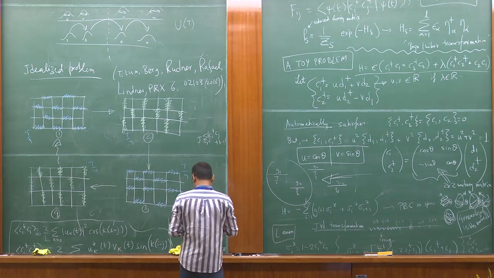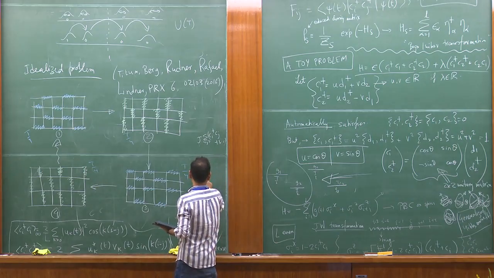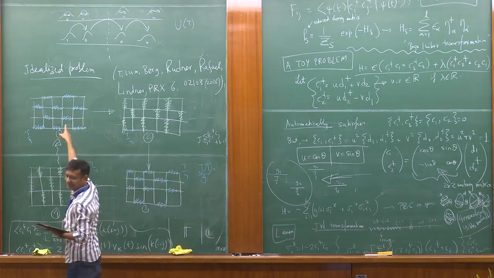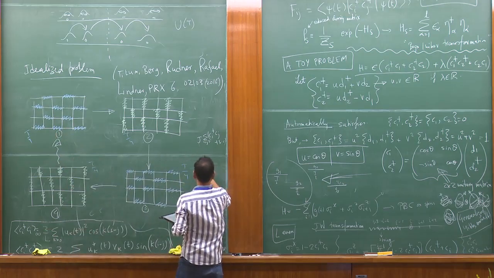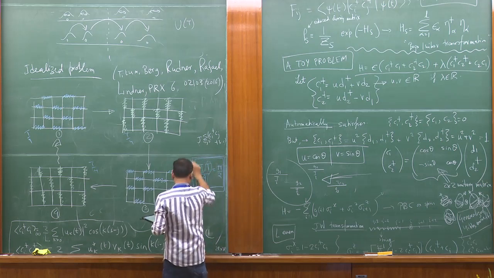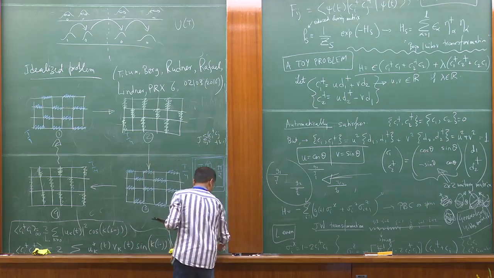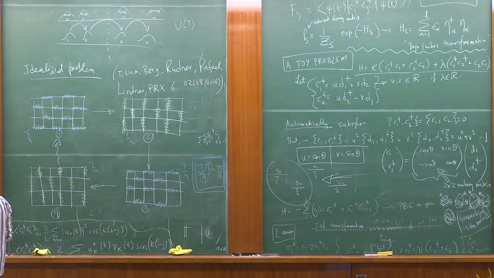Now I'll choose a particular value of this J. I'll choose the value JT by 4. So remember the natural period here is T by 4 for one of these sub-cycles, and J is this coupling. I'll choose this combination JT by 4 to be pi by 2. Now why do I choose that? This I leave as an exercise for you because I don't have time for showing this. I want to finish not too much over time.